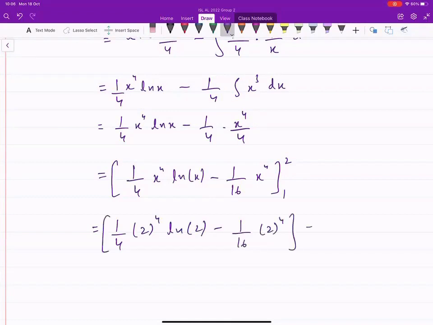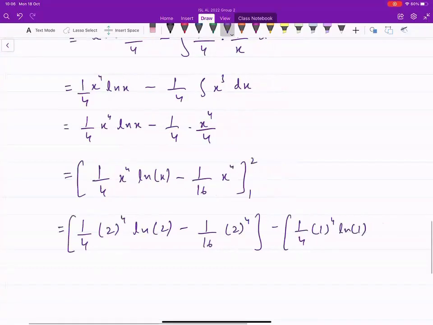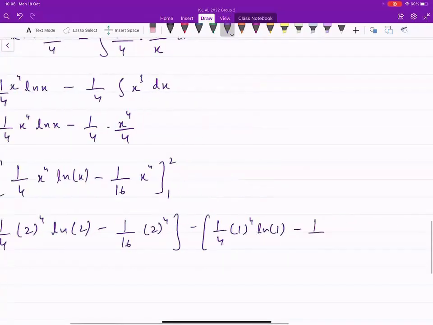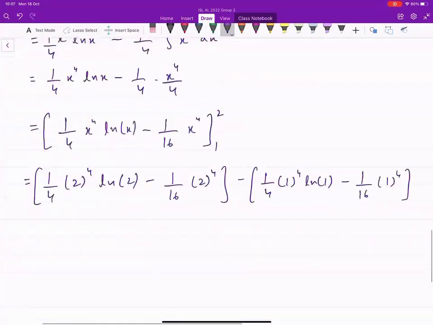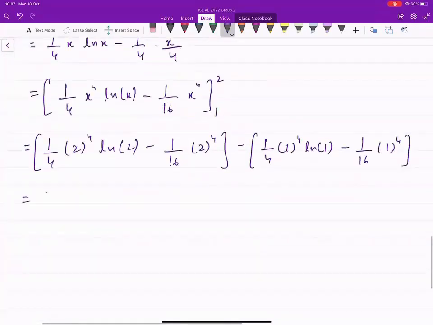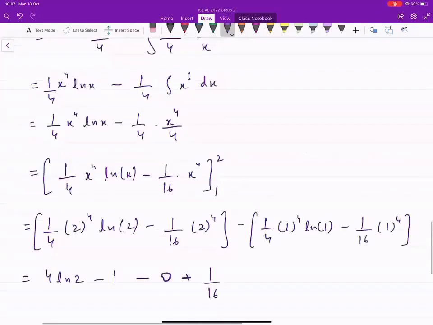This is when you input 2 there, minus 1 over 4 into 1 raised to power 4 into ln of 1. ये तो 0 हो जाएगा. Minus 1 over 16 into 1 raised to power 4. इसको simplify कर लें. ये 16 over 4 है, that's 4 ln 2 minus 1 minus this thing is 0 plus 1 over 16. What did we have to show?